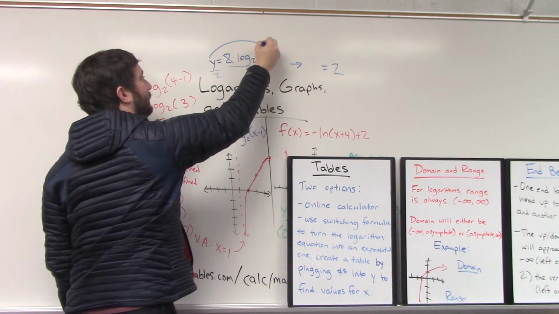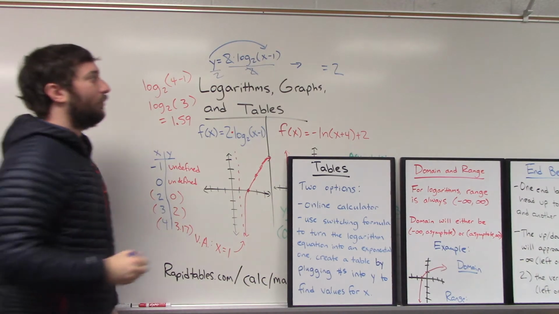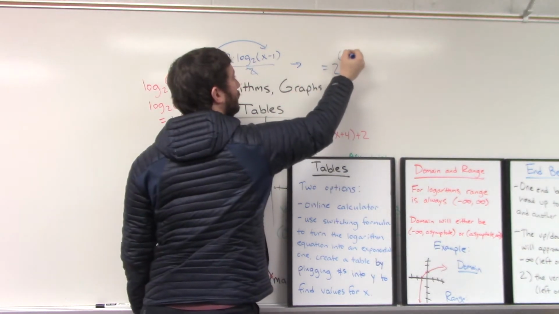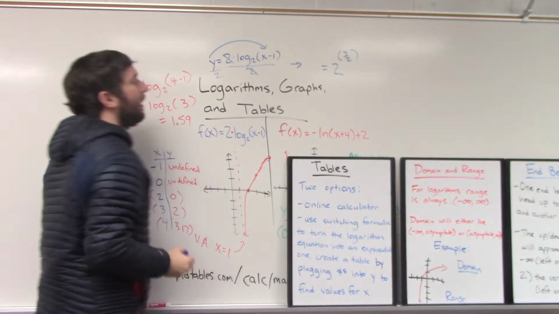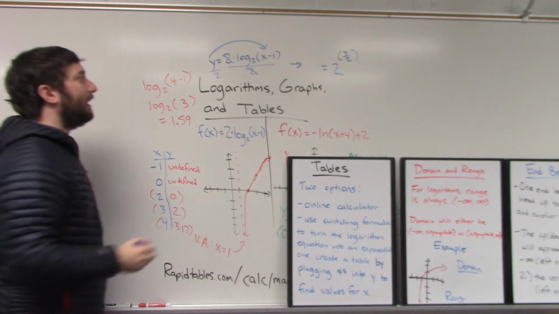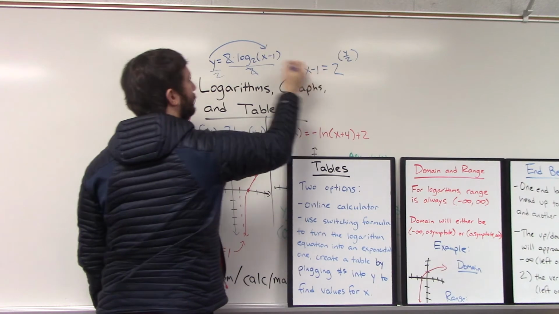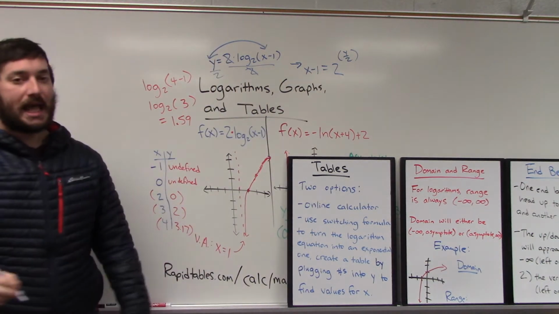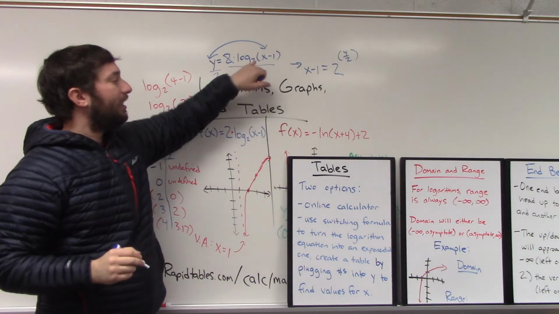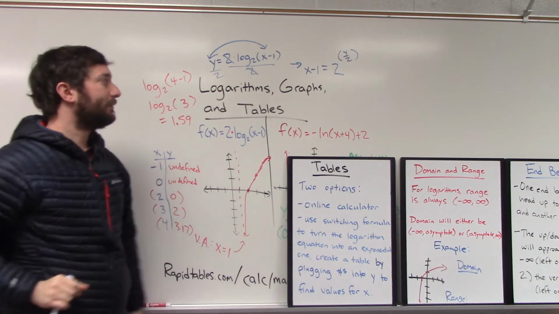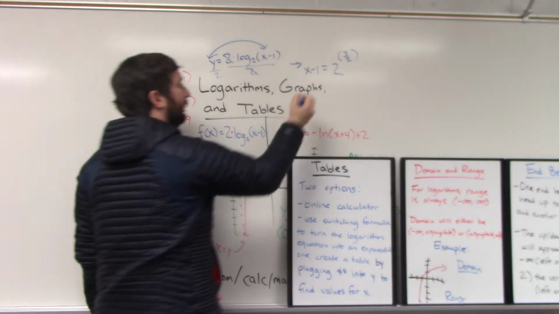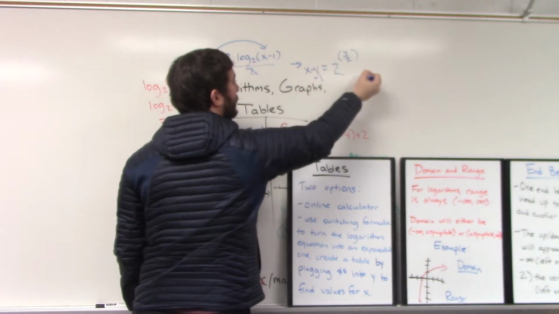This fraction will move to the right side. That y divided by 2 will be an exponent. That parentheses, x minus 1, started on the right, will now move to the left. Okay. Everything besides this base has switched sides. And lastly, to get x by itself, we're going to add 1 to both sides of our equation.